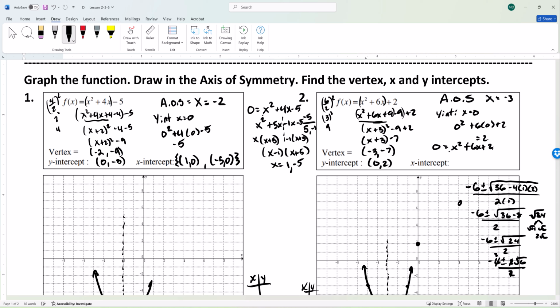So you get negative 3 plus or minus root 6. So you get negative 3 plus root 6, 0, and negative 3 minus root 6, 0. And then, those will probably be right there and probably about right there if you were to draw the graph.